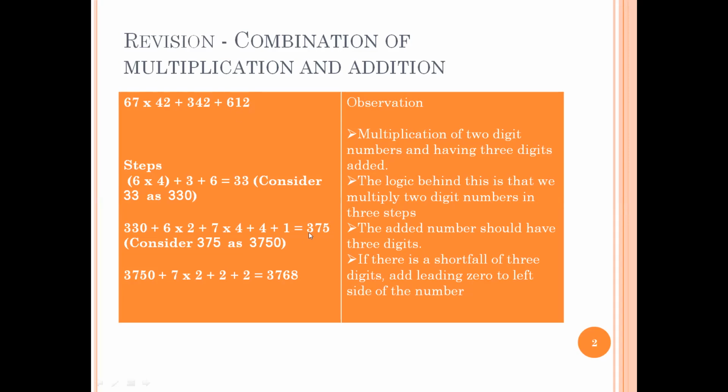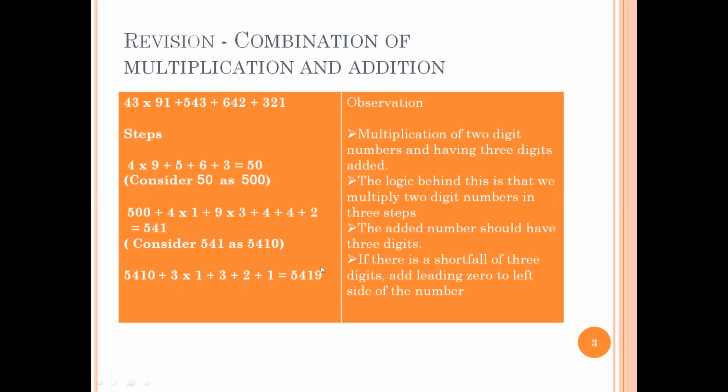We get the answer 375, since 6 twos are 12, 7 fours are 28, plus 4 plus 1. Then we make it 3750 by adding a 0. Then we do the last digit multiplication, 7 into 2 plus 2 plus 2. So we come to the answer 3768.